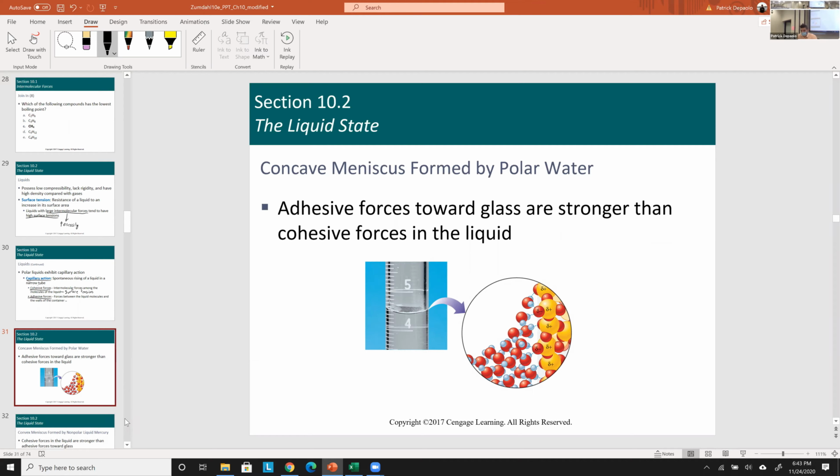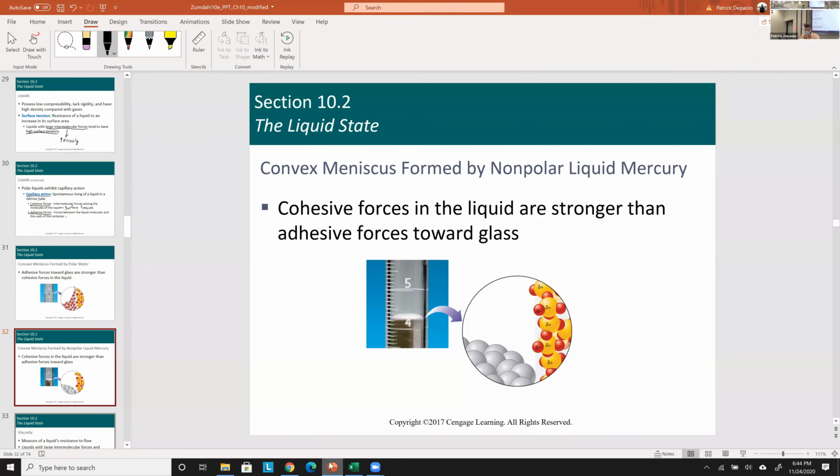This is why water and every other polar solvent has a meniscus: the glass has stronger adhesive forces with the water molecules, and they climb up a little bit. They won't climb all the way like capillary action, but it's the same idea, just a little bit.